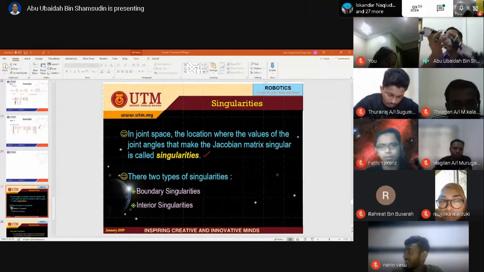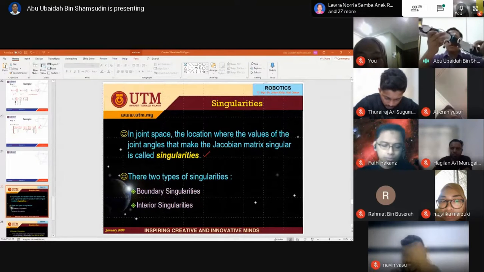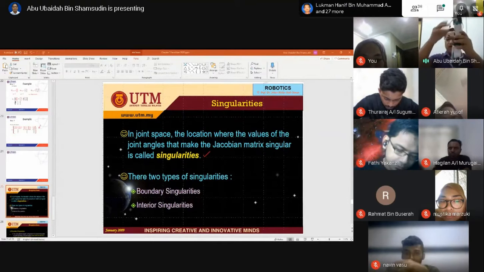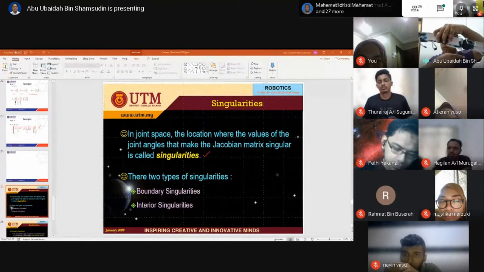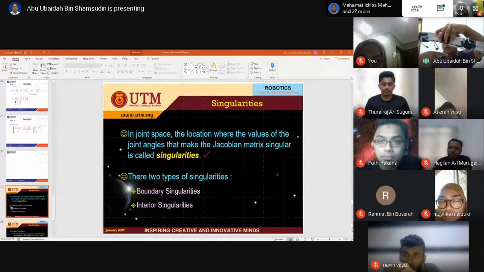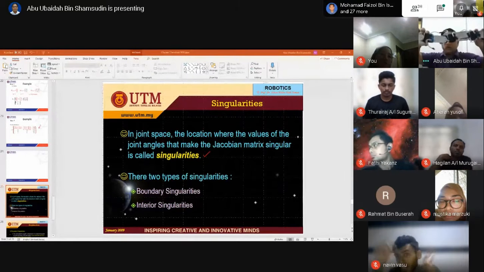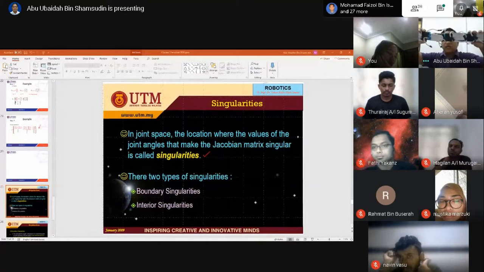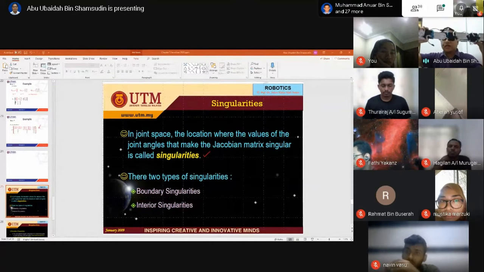Okay, singularities happen when we try to move our robot arm. If I have my robot arm like this, and I want to move my robot arm this way, we will have a joint lock. The robot cannot move. It will stop. So this is what we call Jacobian singularities.